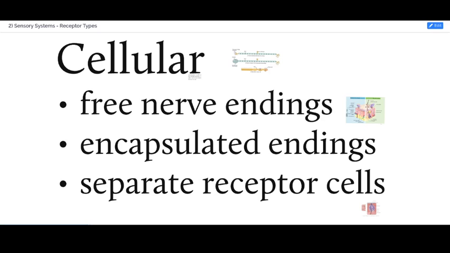However, we see three types of cellular classification here because the neurons can fall into two major groups, those with free nerve endings and those with encapsulated nerve endings. You've probably already looked at the free nerve ending, encapsulated nerve ending types of cells because that's something that would have been discussed within the integumentary system chapter of anatomy and physiology, or the skin chapter.